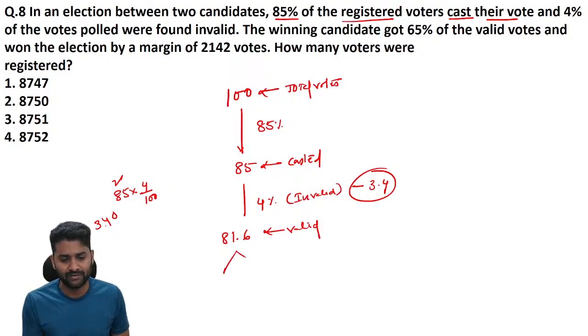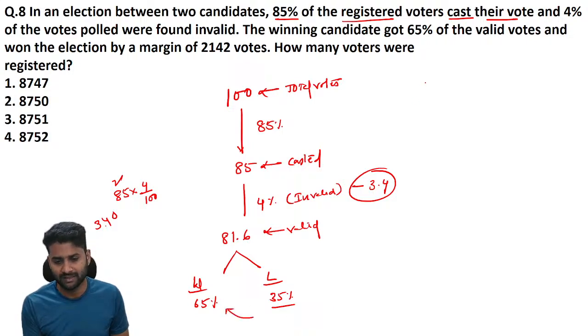Now we have to divide these votes between winner and loser. And they clearly mention that the winner got 65% of valid votes. Definitely the loser got 35% of valid votes. And the winner won the election by a 30% margin, 30% of 81.6, which is equal to 2,142.